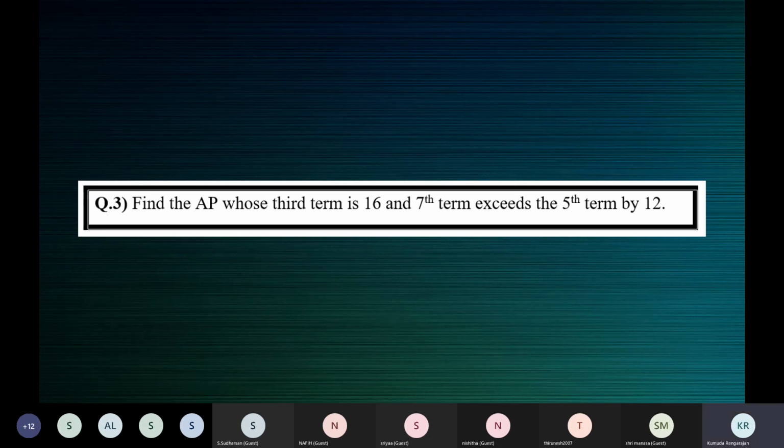So here it's given that the third term is 16, meaning a plus 2d is equal to 16. And the seventh term exceeds the fifth term. The seventh term is more than the fifth term by 12. So the difference is 12.